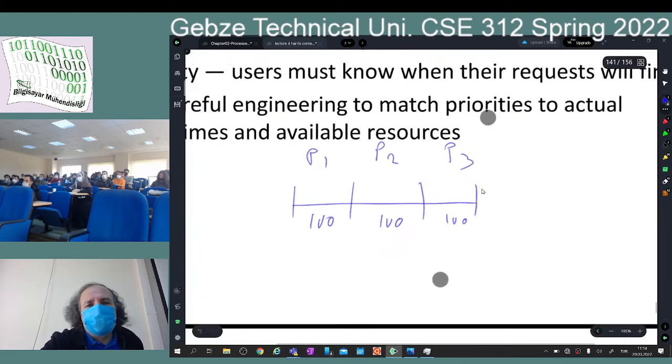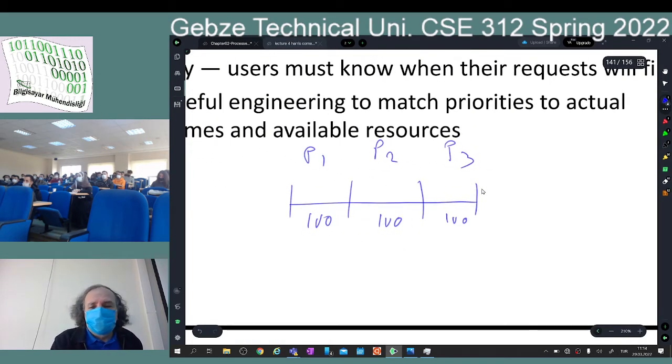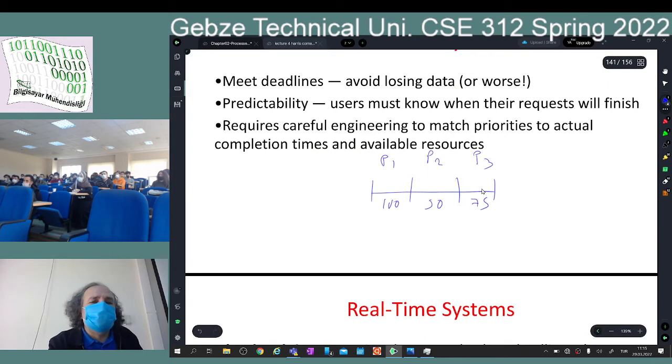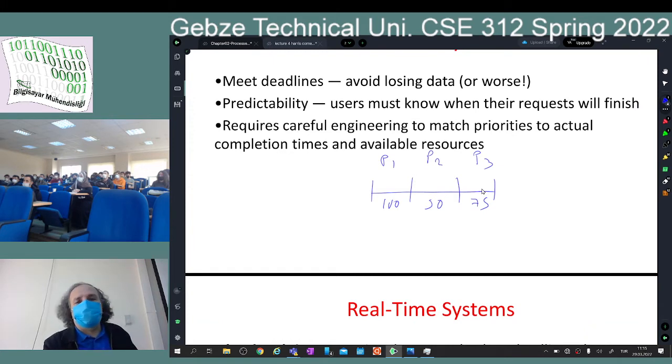And this is a very simple case. You might say, couldn't this be like 50 and this 75? Yeah, it could be. This is how you design your scheduling algorithm for this real-time system. They usually work this way, kind of round robin.